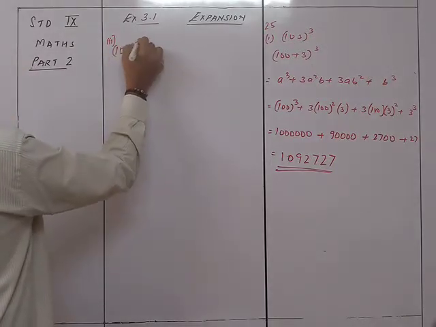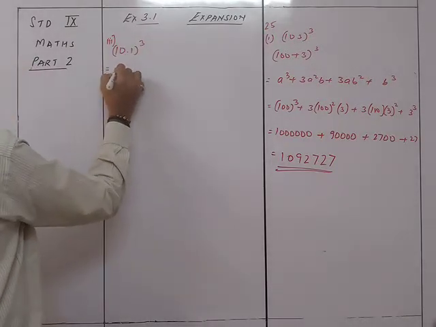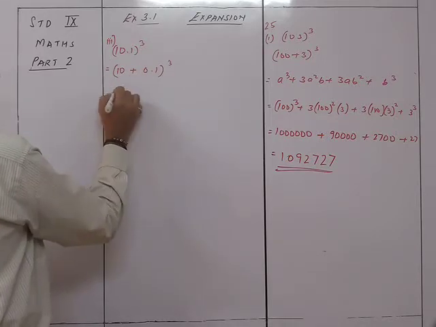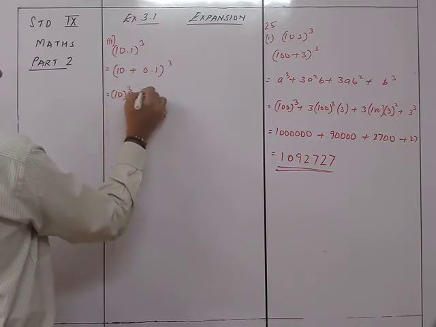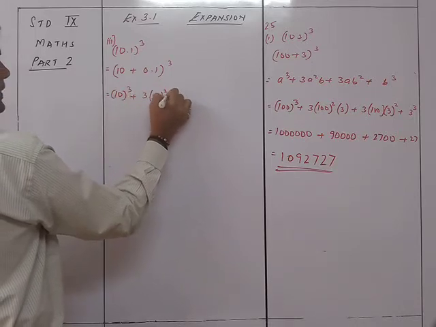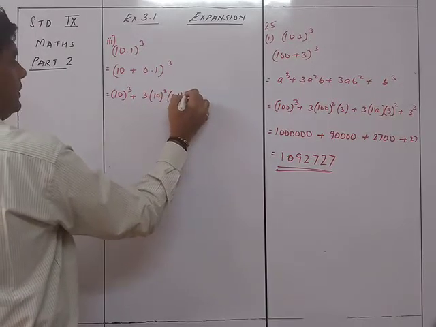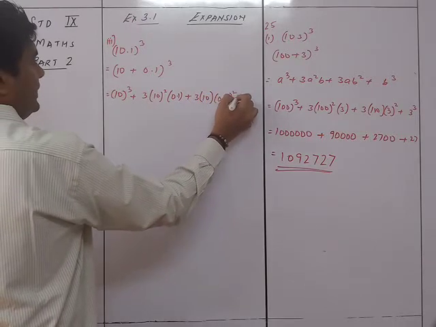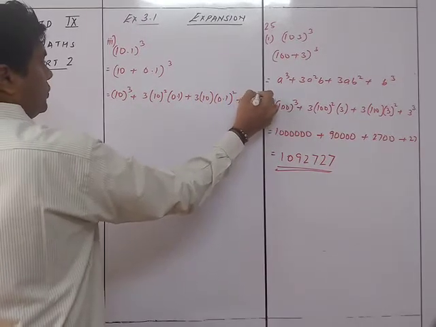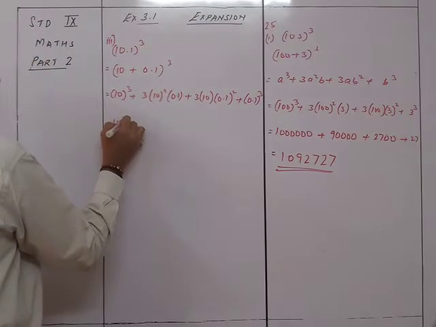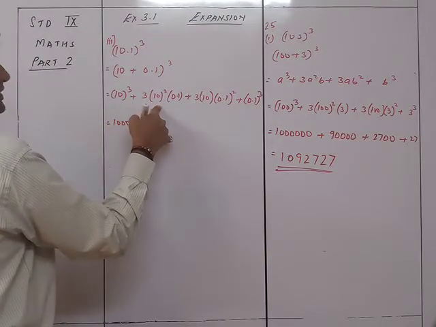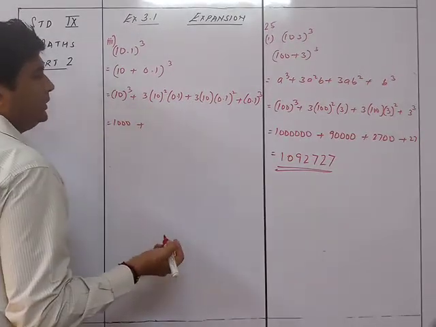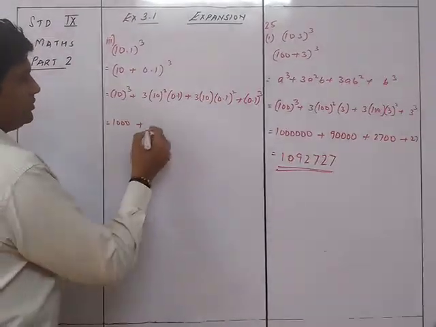Third sum, it's 10.1 the whole cube. So it will be 10 plus 0.1 the whole cube. So that will be 10 cube plus 3 into 10 square into 0.1 plus 3 into 10 into 0.1 the whole square plus 0.1 the whole cube. So that is 1000 plus 300, plus 30, so 330.